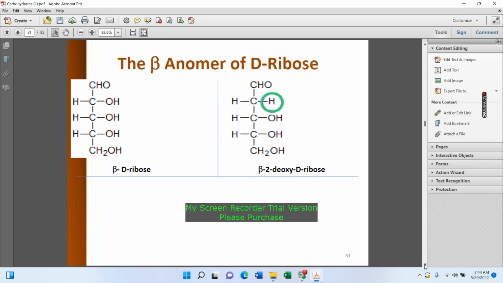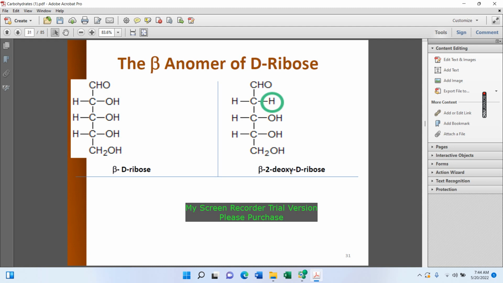The beta anomer of D-ribose. So this is the beta anomer of D-ribose, and this is beta 2-deoxyribose.